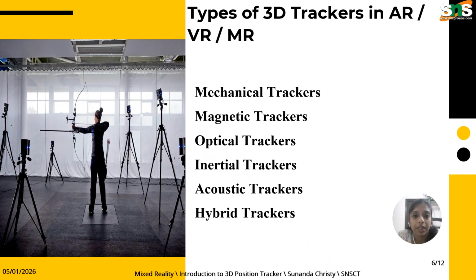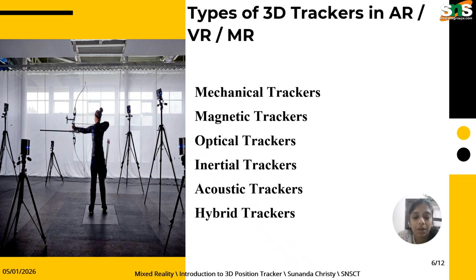Here we have the types of 3D trackers in AR, VR and MR. They are mechanical trackers, magnetic trackers, optical trackers, inertial trackers, acoustic trackers and hybrid trackers. These are the different types of trackers.